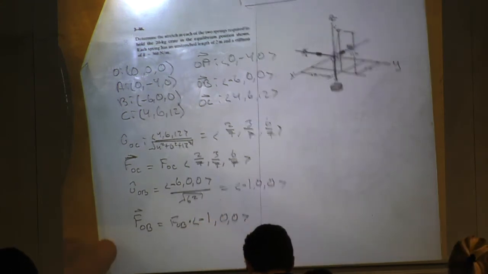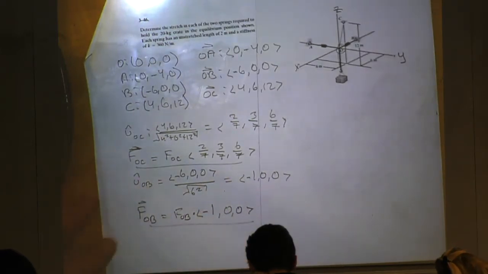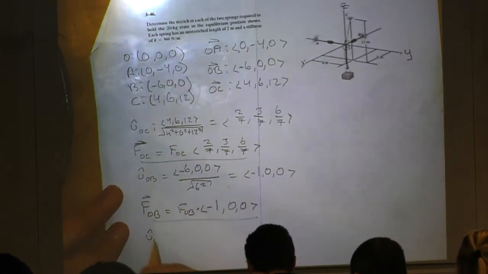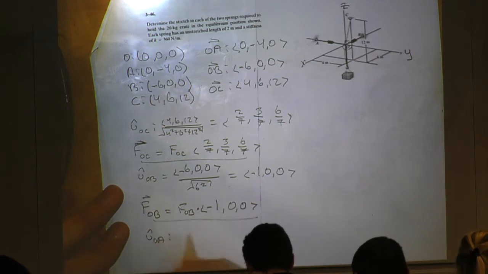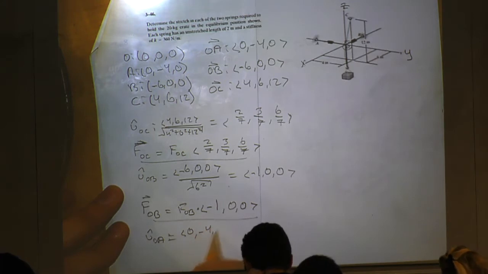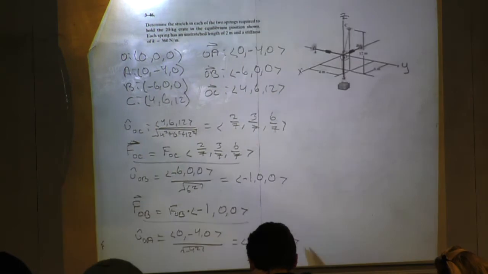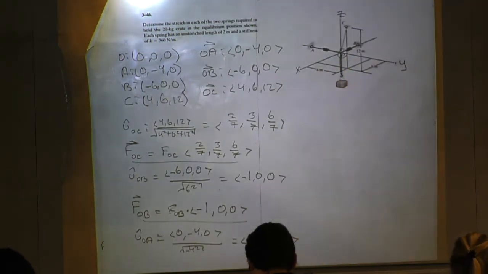Now for O to A: 0, negative 4, 0 over the square root of negative 4 squared. We said earlier it only lies along the y-axis, so that makes sense.